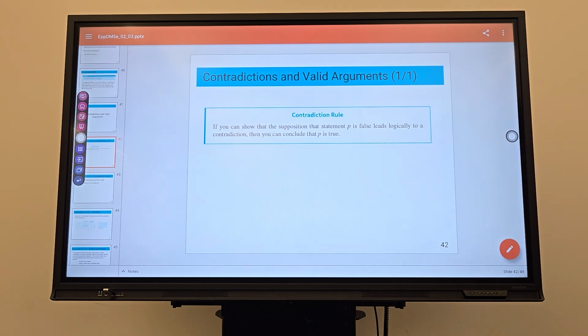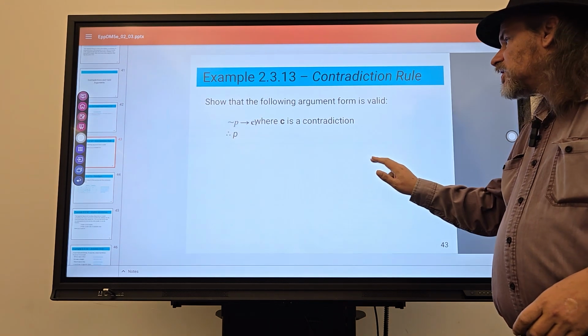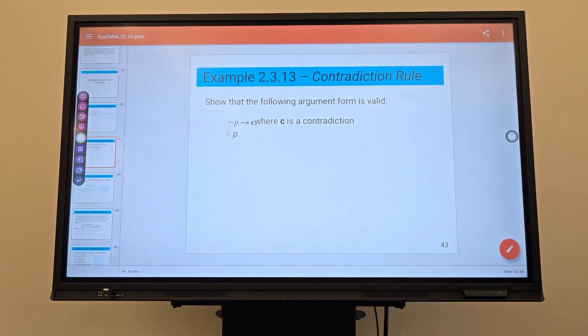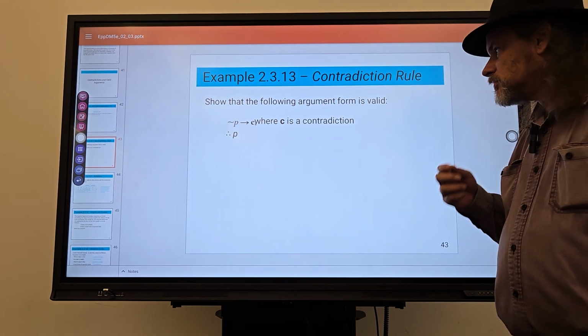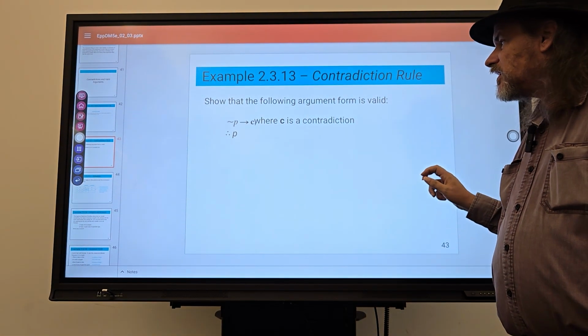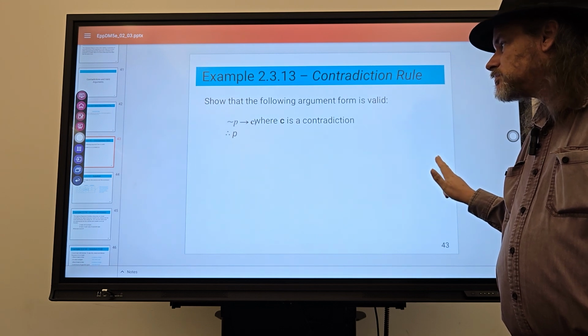So if you assume P is false and your argument leads to a contradiction, then you can conclude that P is actually true instead. Show that the following argument form is valid: not P implies C, where C is a contradiction, therefore P.